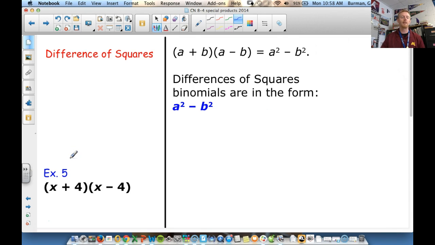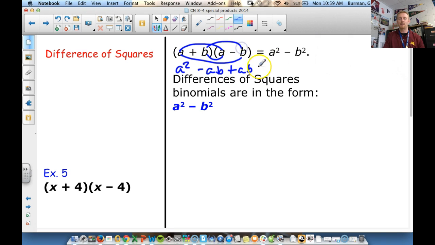Alright, on to a new idea, something called the difference of squares. Now a difference of squares is when I were to have (a + b) times (a - b). So my a's are the same, my b's are the same, but I have a positive and a negative b. And what happens here is if I do a times a, I get a squared. My outers, I get a negative ab. And my inners, I get a positive ab.